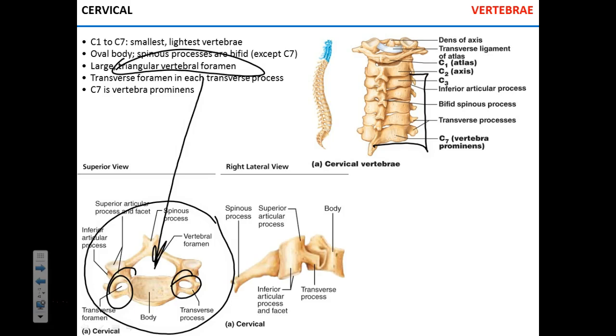The very last cervical vertebrae, which is called vertebral prominence, doesn't have the bifid spinous process. That's what differentiates it from others. You will have to tell them apart, and it's not hard.